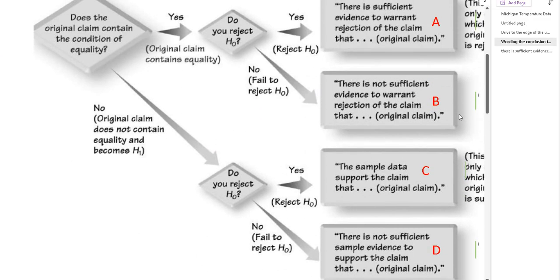Try and decide for yourself which one you're going to use, A, B, or C. Yeah, it's looking like C. The original claim did not contain the possibility of equality, so we branch down to the right. And then we go straight to the right because we rejected H naught. So the data support the claim that trucks violate the two-plate law more often than owners of passenger cars.